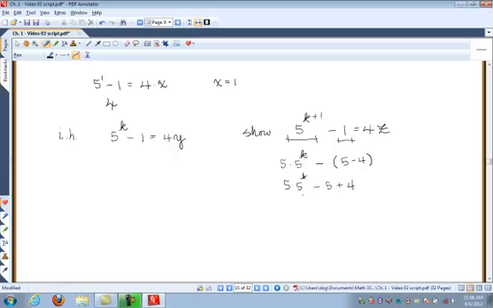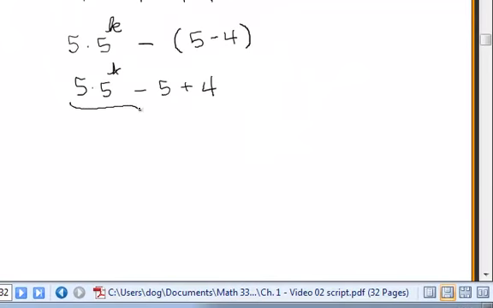And then I'm going to write this. Let's see, I'm going to group these two. And I'm going to say this is 5 times 5 to the k minus 1 plus 4. And then I'm going to substitute. I know what 5 to the k minus 1 is.